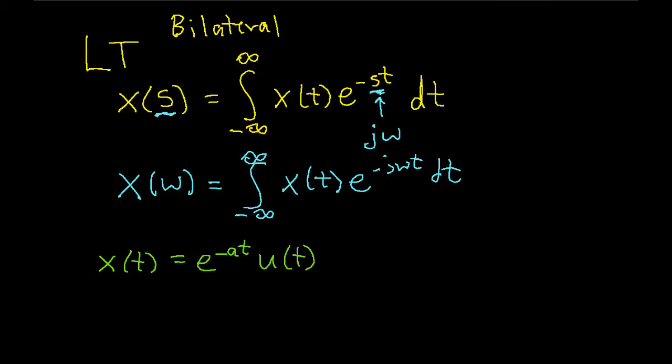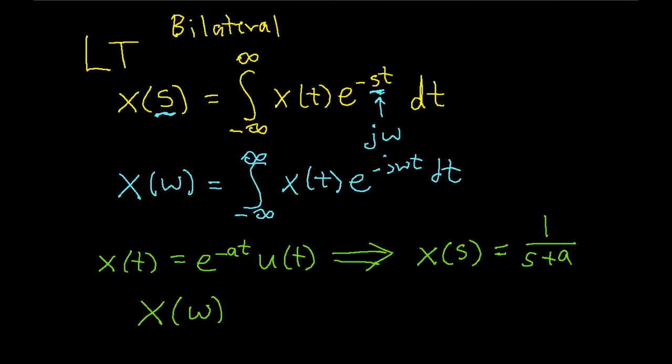Those of you that have already studied Laplace transforms will know that the Laplace transform of this, x of s, is 1 over s plus a. Using this result, we can say that x of omega is equal to 1 over j omega plus a.